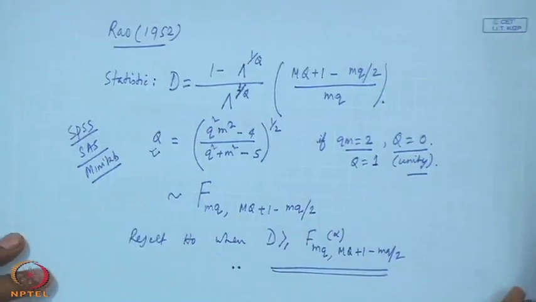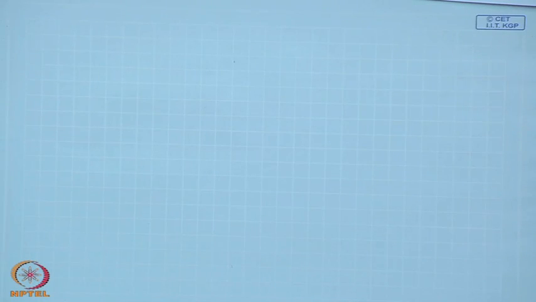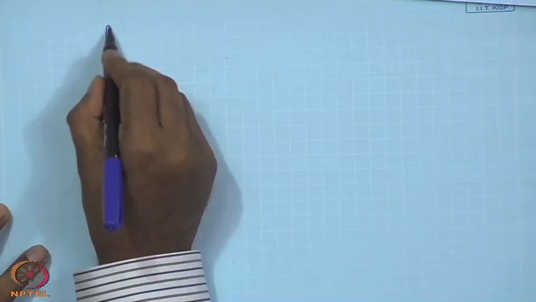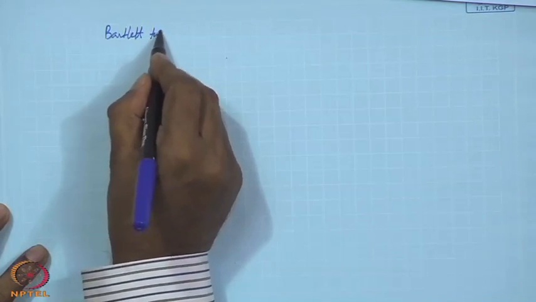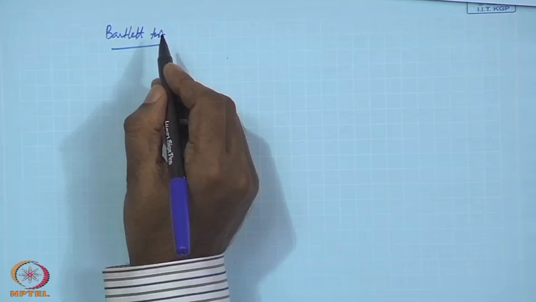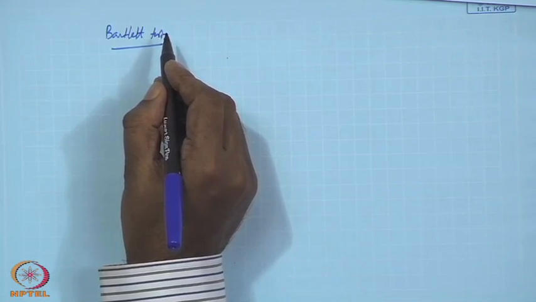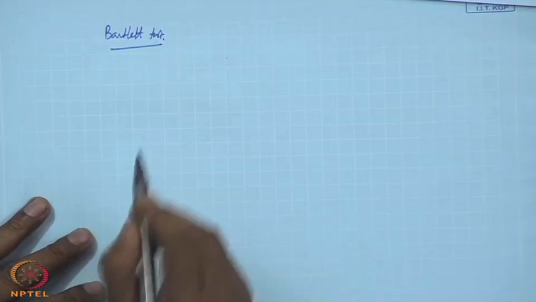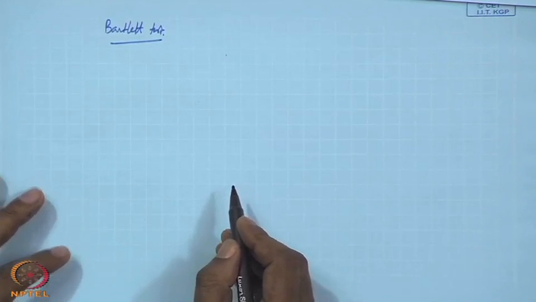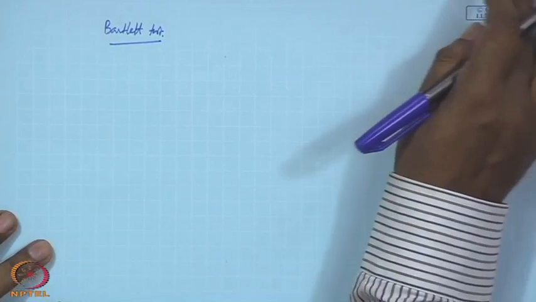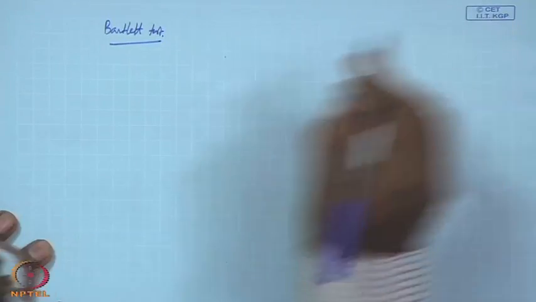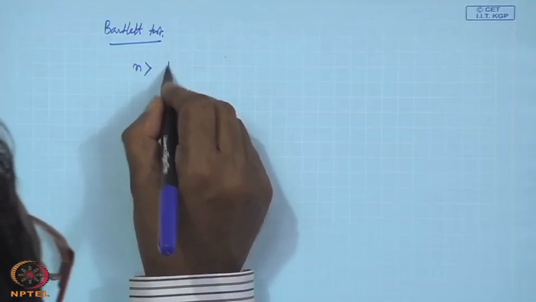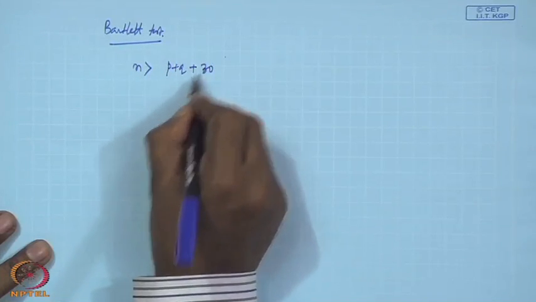Okay. Now, the question is, these tests are very sensitive. For example, Bartlett's test says that the chi-square distribution is followed, but under what condition? It says that if your sample size is small, the Bartlett test will not work. So, n must be greater than p plus q plus 30.